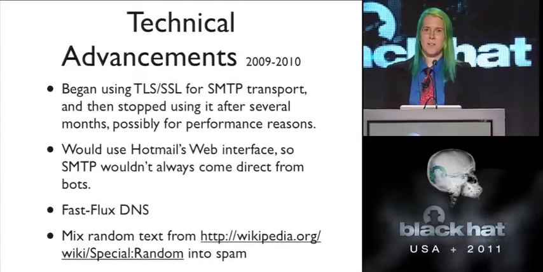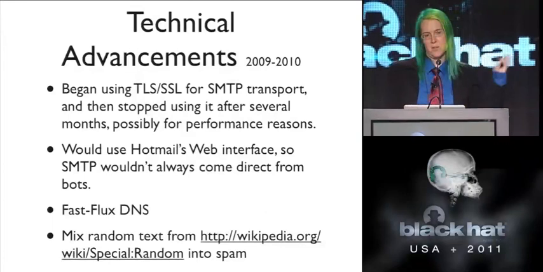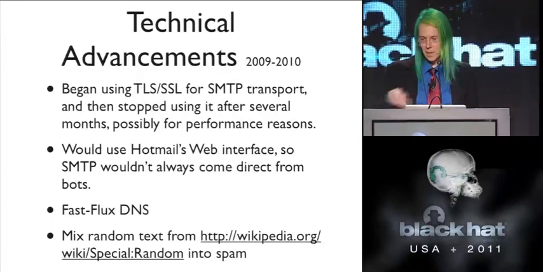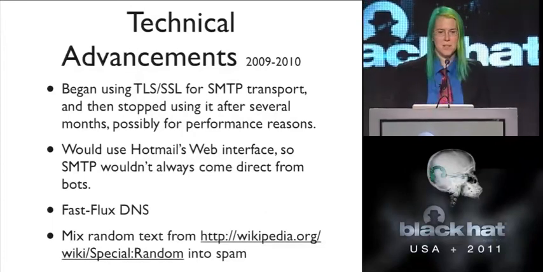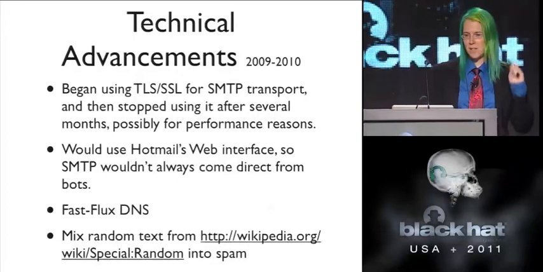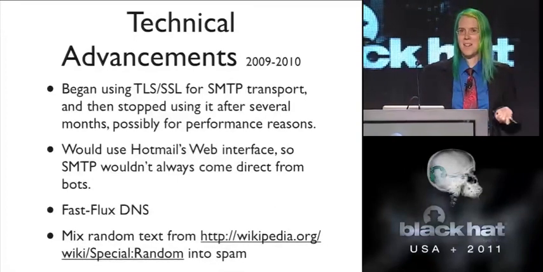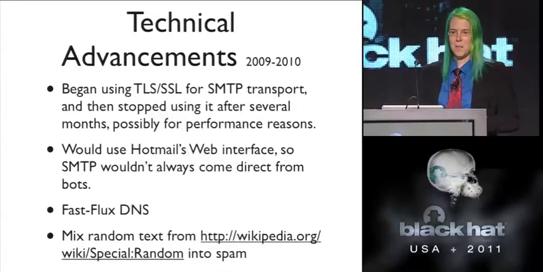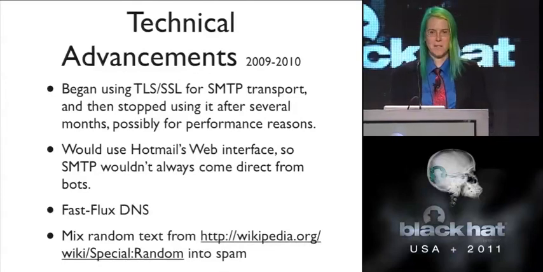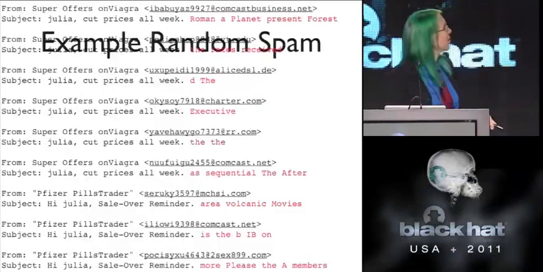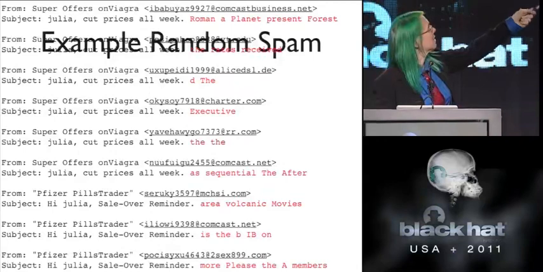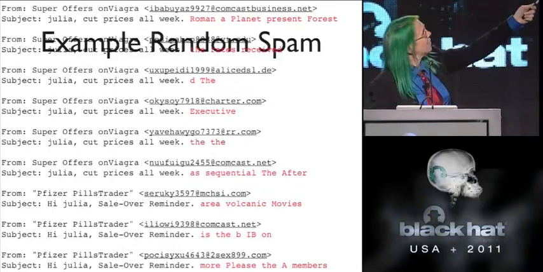The DNS was fast flux between a whole bunch of servers, like you say, and to try and bypass a lot of heuristic spam classifiers, it would grab random strings off of Wikipedia through the random page interface. If you look at some spam messages, you can see how the forms kind of work.